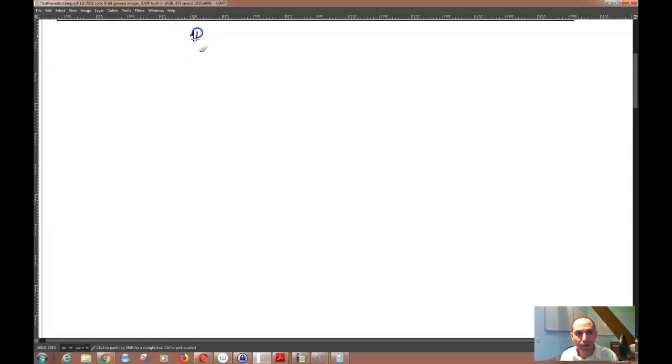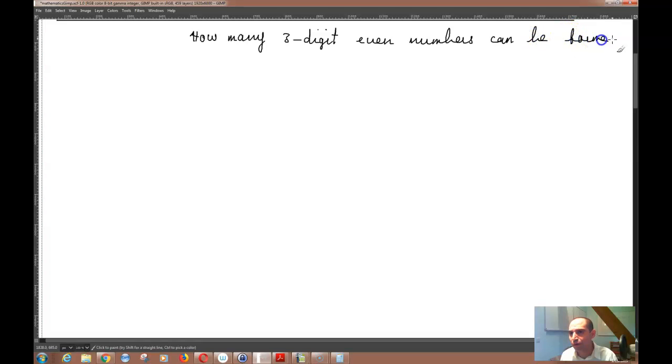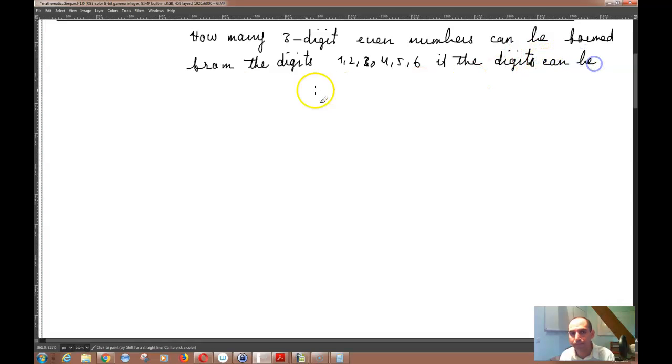They want to know how many 3-digit even numbers can be formed from the digits 1, 2, 3, 4, 5, and 6, if the digits can be repeated.